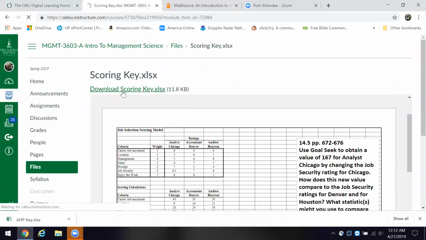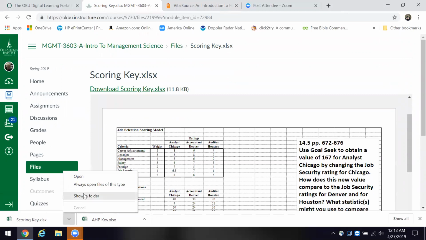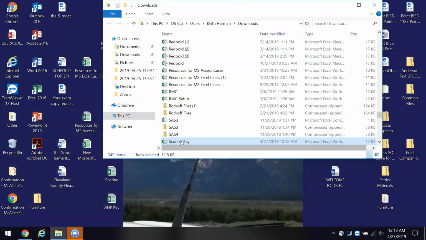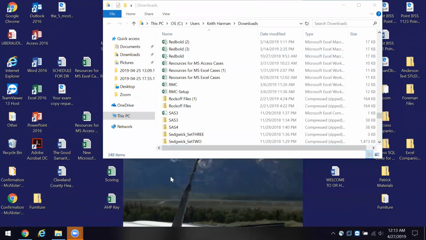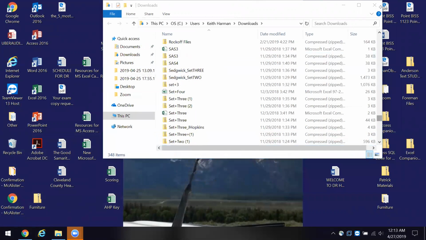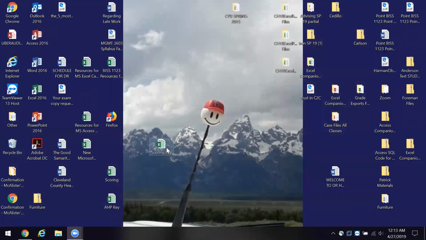I'm going to download it. Okay. And here's the scoring key.